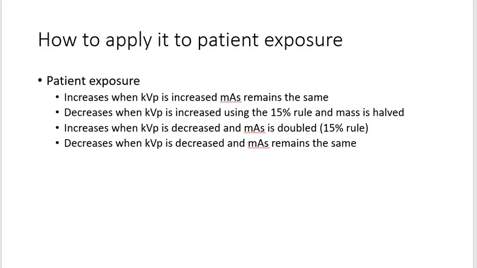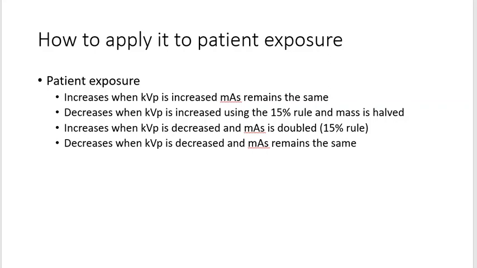Now if you use your 15% rule to increase your kVp, but reduce your mass so that what you have is a more penetrating X-ray beam, then your patient dose actually goes down. Increase kVp all by itself, patient dose goes up. Increase kVp and reduce mass, patient dose goes down.